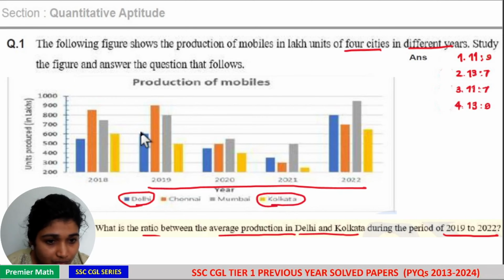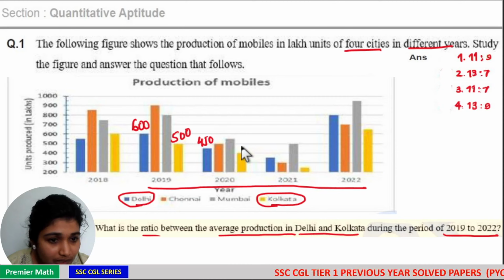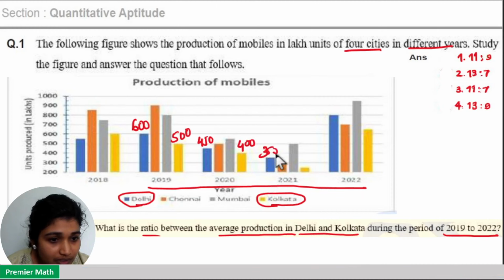In 2019, Delhi produced 600 and Kolkata produced 500 units. In 2020, Delhi produced 450 and Kolkata produced 400. In 2021, Delhi produced 350 and Kolkata produced 250.